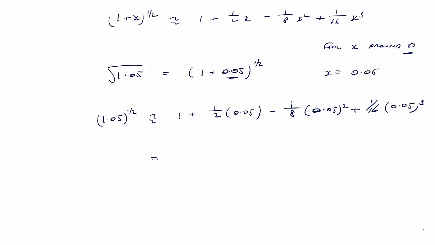We can do that calculation, and we'll find that that's equal to 1.0246953, which is a pretty good approximation for the square root of 1.05.